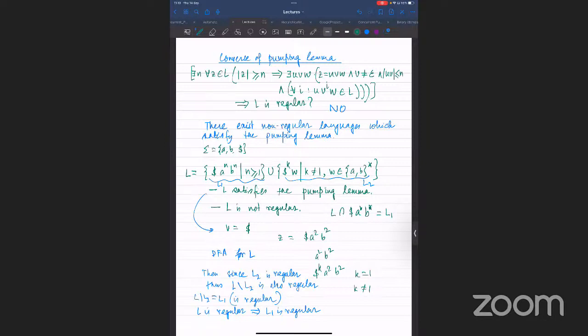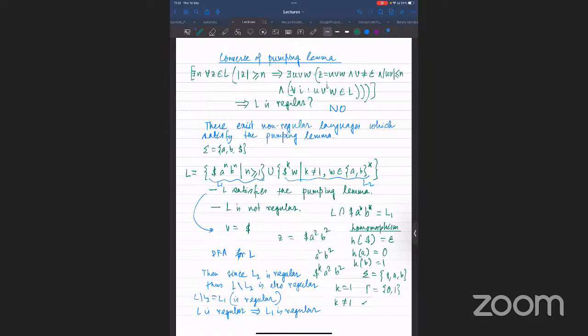So you can use a homomorphism. Suppose you have a homomorphism H. You can consider H of dollar equal to epsilon, H of A equal to say 0, H of B equal to 1. So my sigma is dollar, A, B and my gamma is 0, 1.